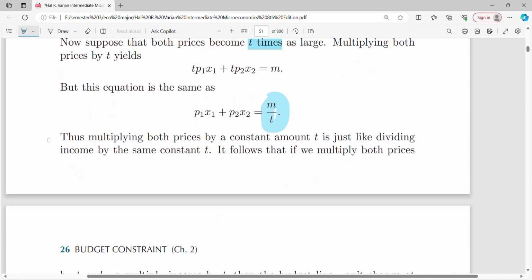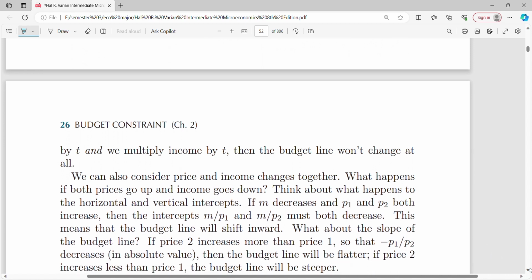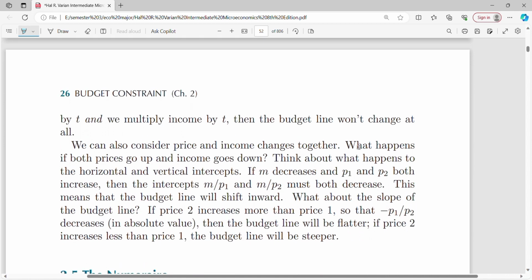So here we can conclude by saying, multiplying both prices by a constant amount t is just like dividing the income by the same constant t. So the budget line won't change at all.